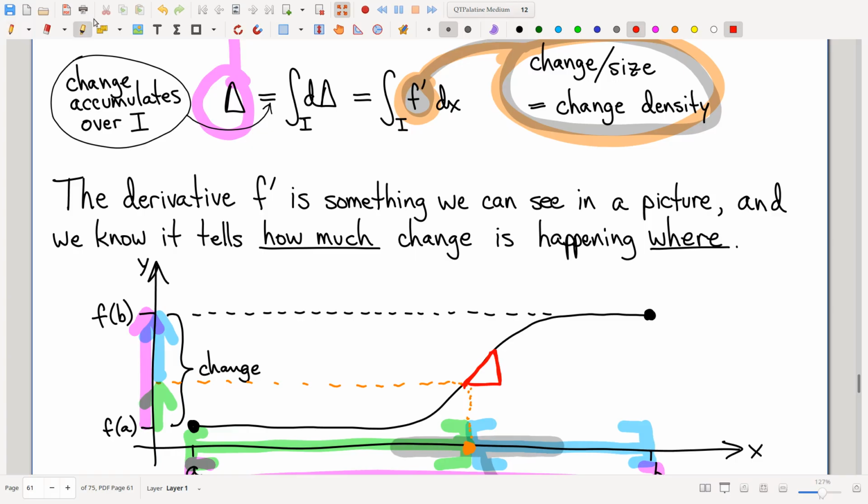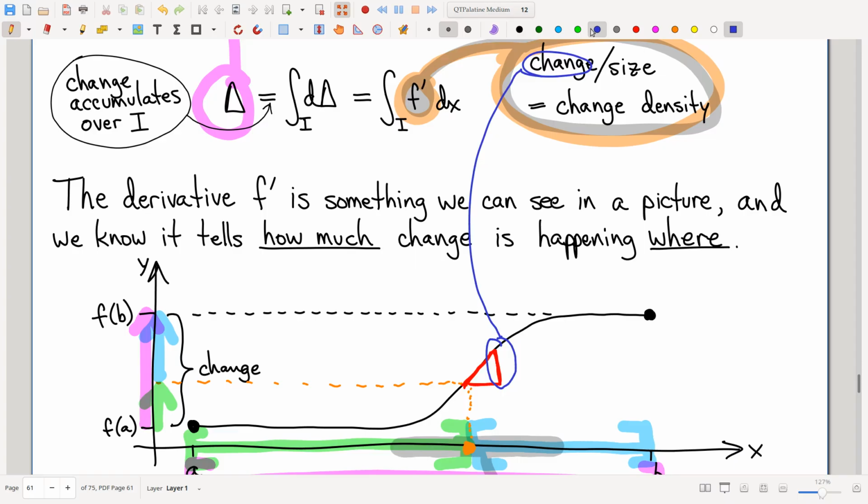And looking at that rise over run, the rise, how much the function increases there, is the change. That's how much the function changed on that little subinterval.